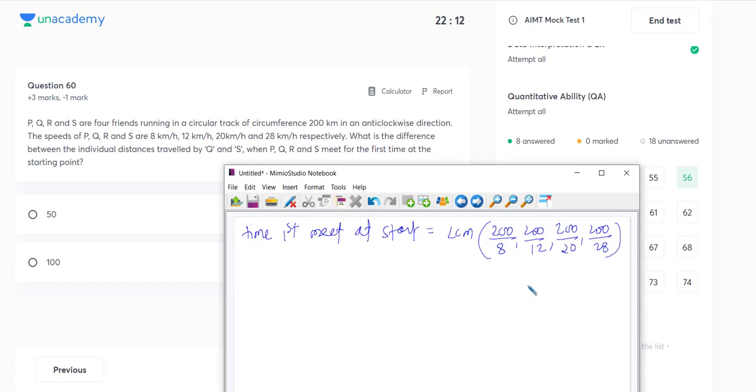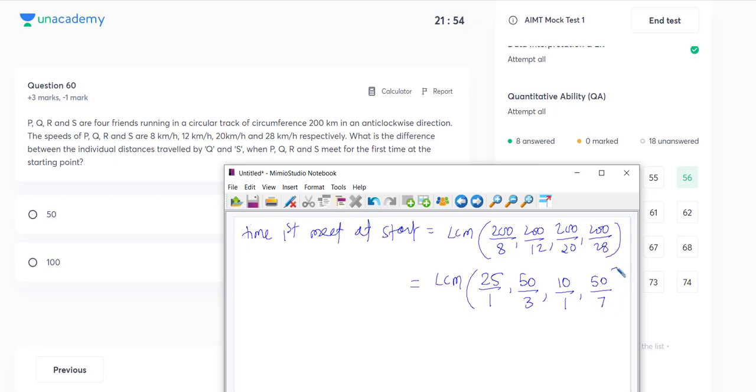Let's have a look. 200 by 8 is 25 by 1, 200 by 12 is 50 by 3, this is 10 by 1 and this is 50 by 7.